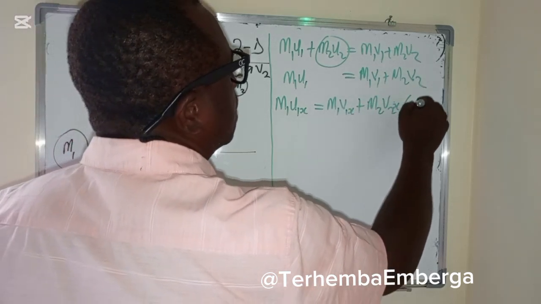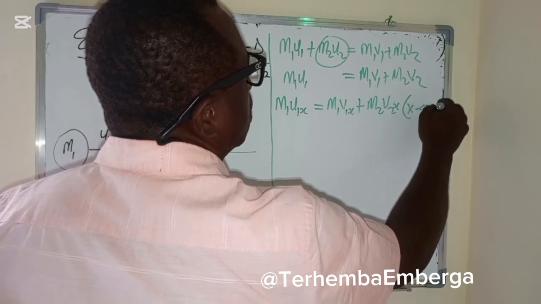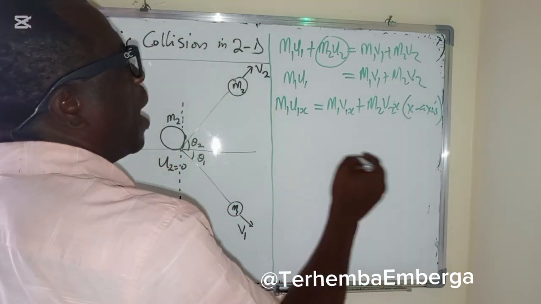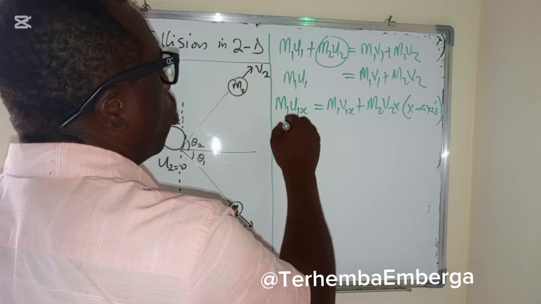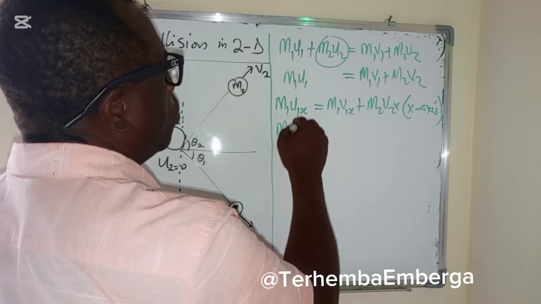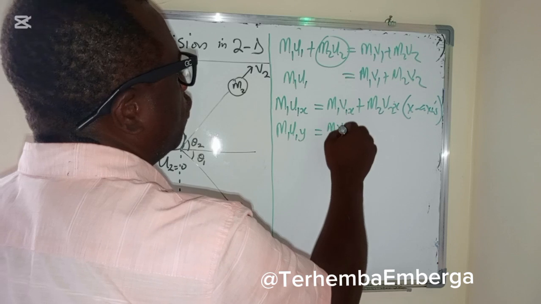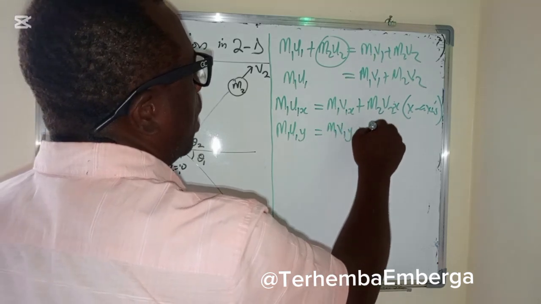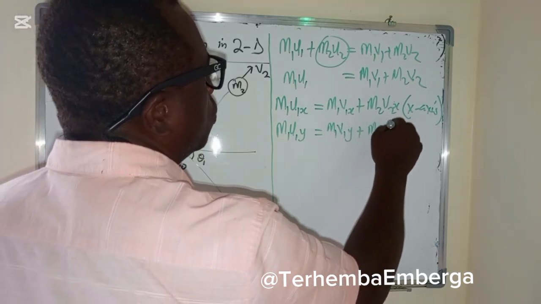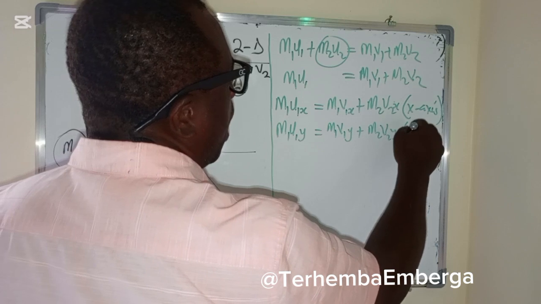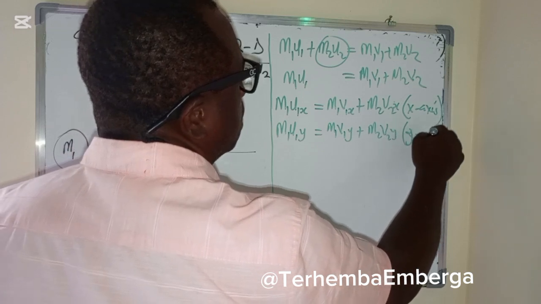This is the x axis. Then for the y-axis, we can write this as m1 u1y equal to m1 v1y plus m2 v2y. This is the y-axis.